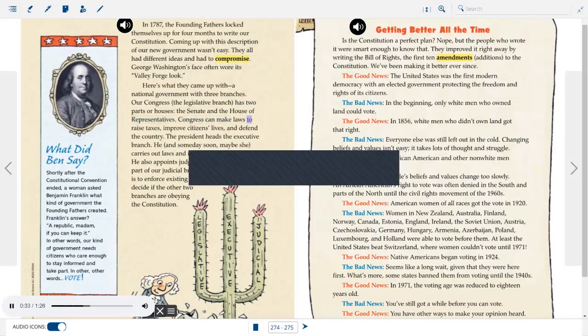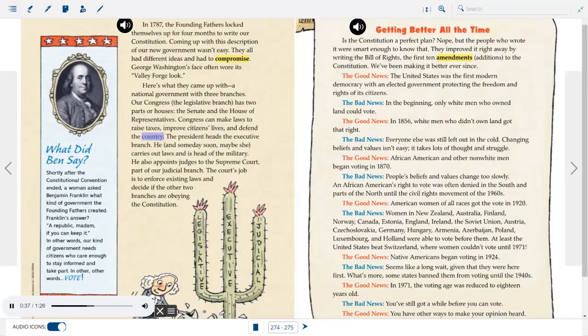Congress can make laws to raise taxes, improve citizens' lives, and defend the country. The President heads the executive branch. He, and someday soon, maybe she, carries out laws and is head of the military. He also appoints judges to the Supreme Court, part of our judicial branch. The court's job is to enforce existing laws and decide if the other 2 branches are obeying the Constitution.